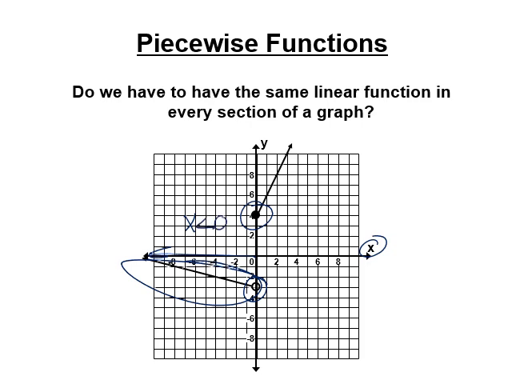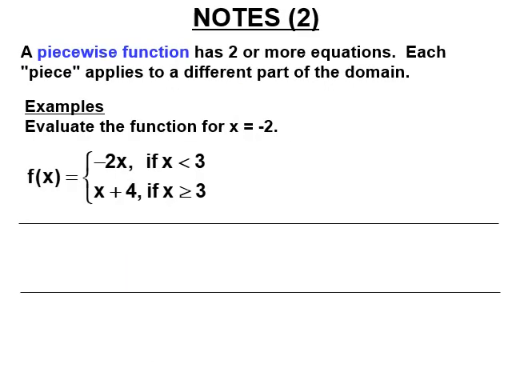Y has a bunch of different values, but over here on this side of the y-axis is x is less than 0. Over here is x is greater than or equal to 0. I said greater than or equal because that's a closed circle. And there's a bunch of different y values over here, but that's the graph for x is greater than or equal to 0. This is called a piecewise function.